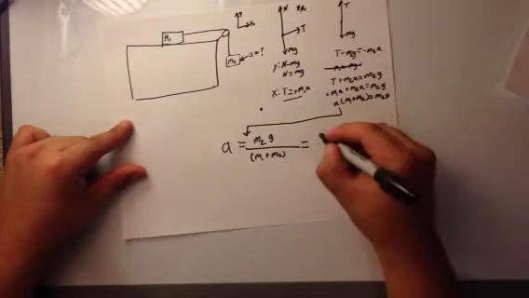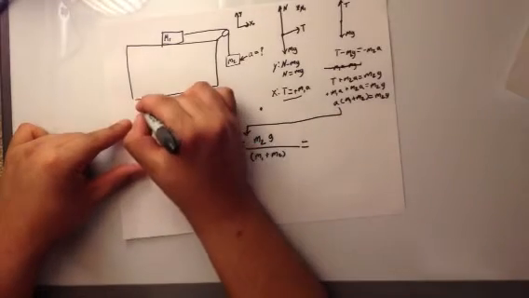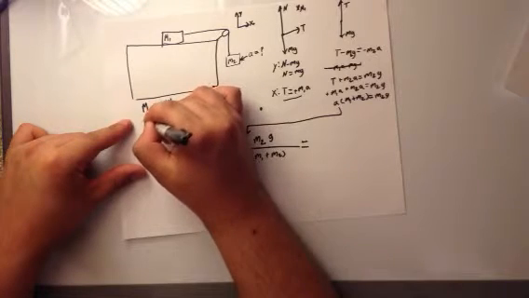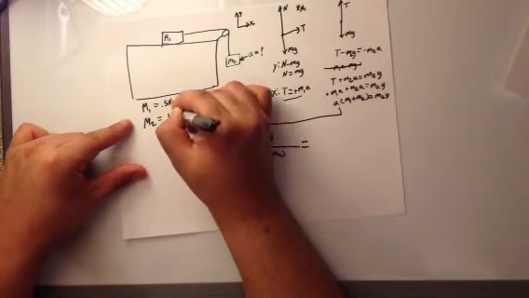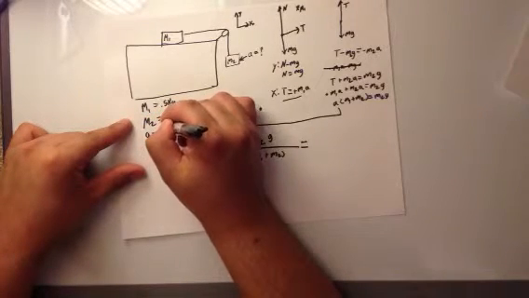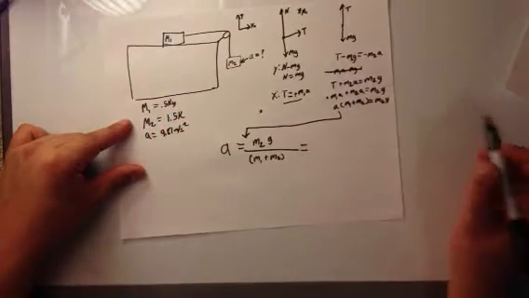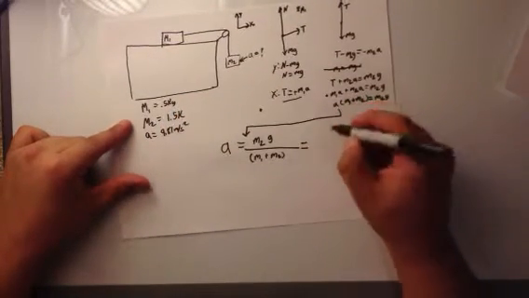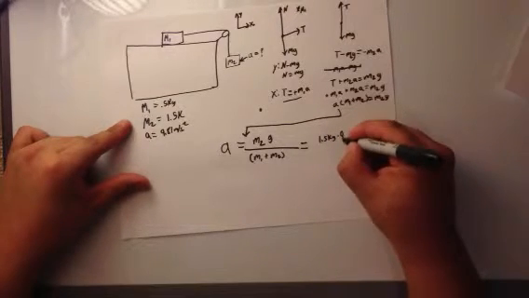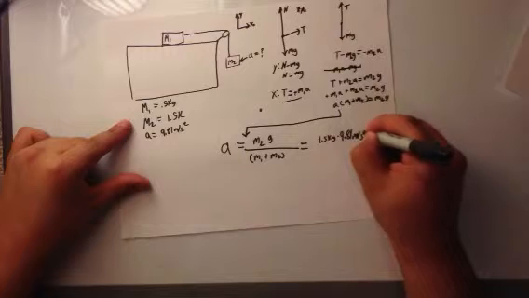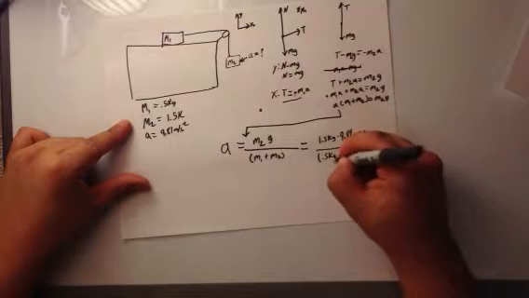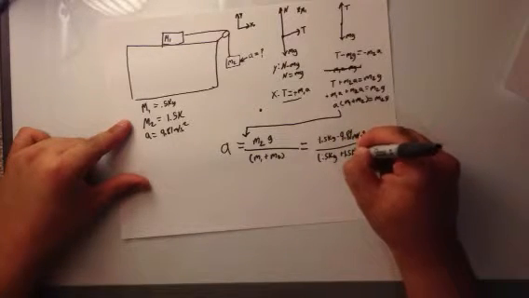Well, we said that in this problem, m1 equals 0.5 kilograms and m2 equals 1.5 kilograms. And we know g is 9.81 meters per second squared. So we're just going to go 1.5 kilograms multiplied by 9.81 meters per second squared all over 0.5 kilograms plus 1.5 kilograms.